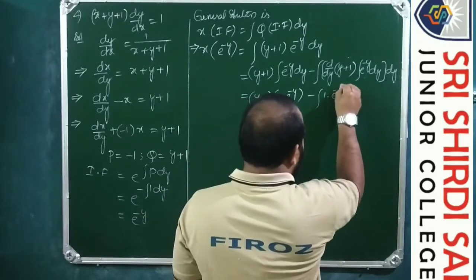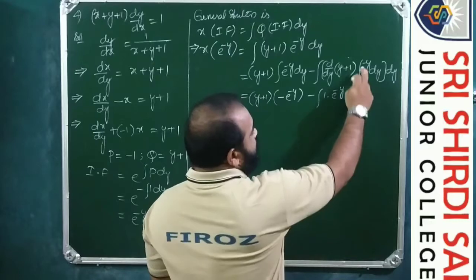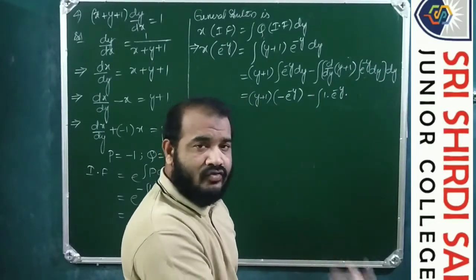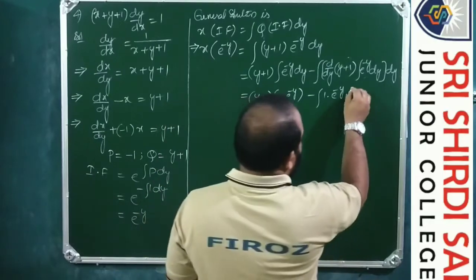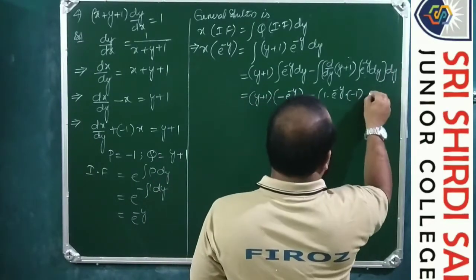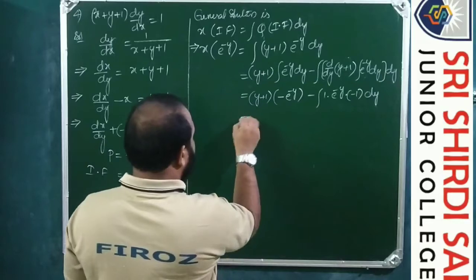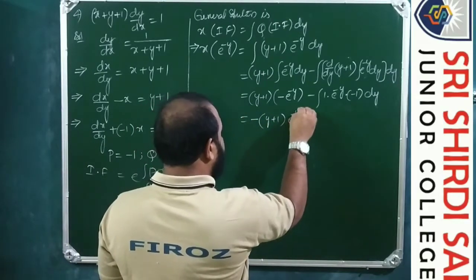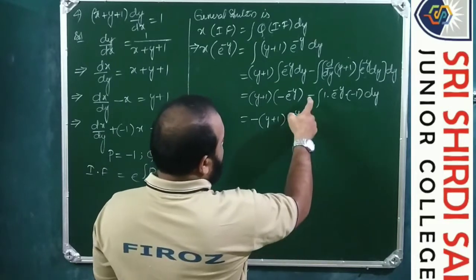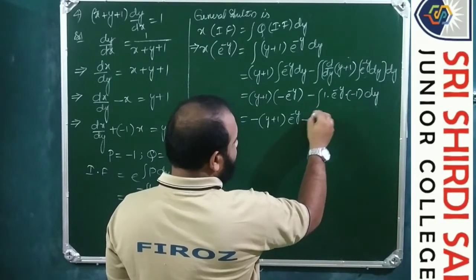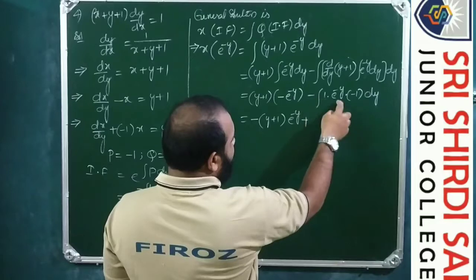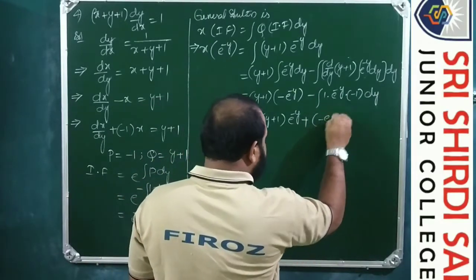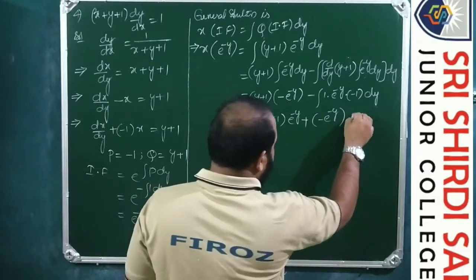Therefore e power minus y into 1 by d by dy of minus y, which is minus 1, into dy. This is equal to minus of (y plus 1) into e power minus y, minus into minus, plus 1 into e power minus y, which is e power minus y. Integral e power minus y is minus e power minus y again, plus the constant of integration c.